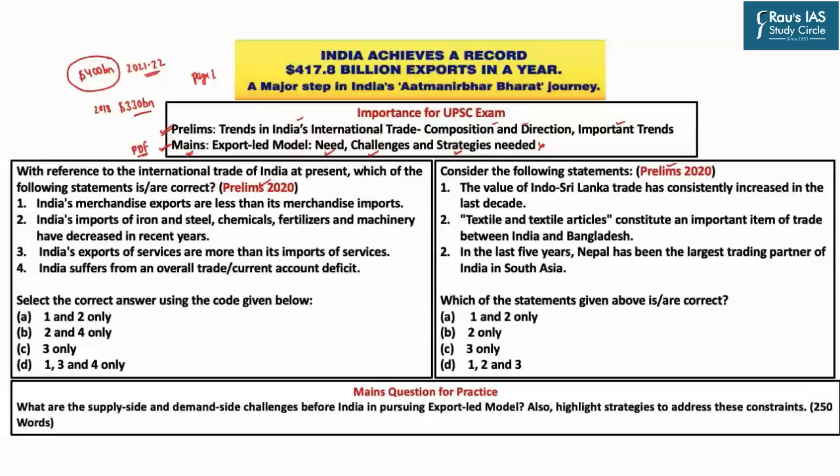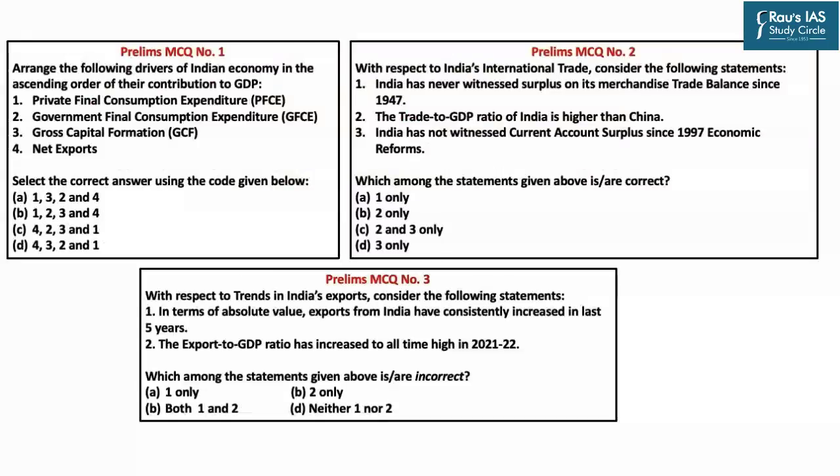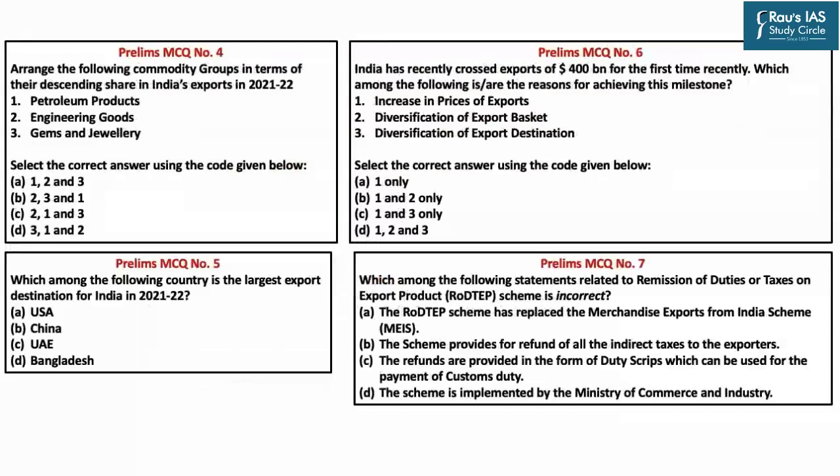Based upon the content I have provided in the PDF, you should be in a position to write an answer to this mains question for practice. The question is: what are the supply side and demand side challenges before India in pursuing an export-led model? Also highlight the strategies to address these constraints. And once we are done with the prelims related discussion of this article, you should be in a position to attempt almost around 7 questions for practice.